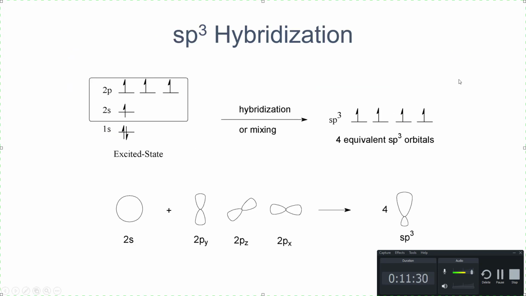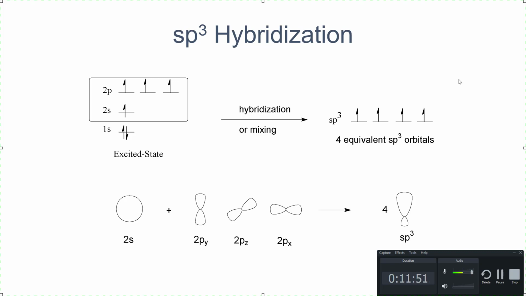The way we solve it is that we mix the s and p orbitals together. We hybridize them to form 4 equivalent hybrid orbitals, which we call sp3 orbitals, s plus 3 p's.